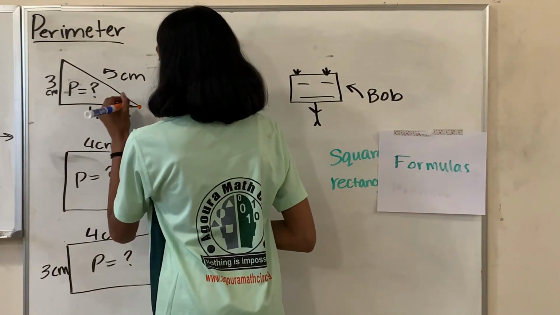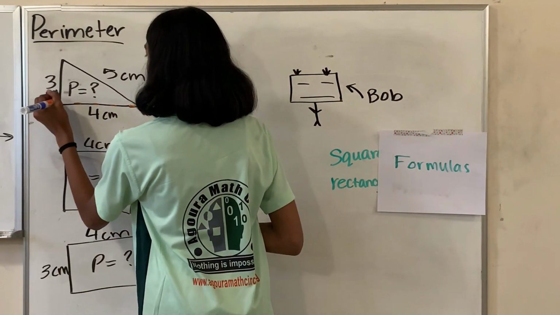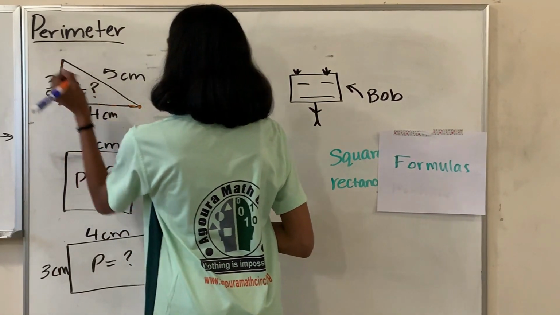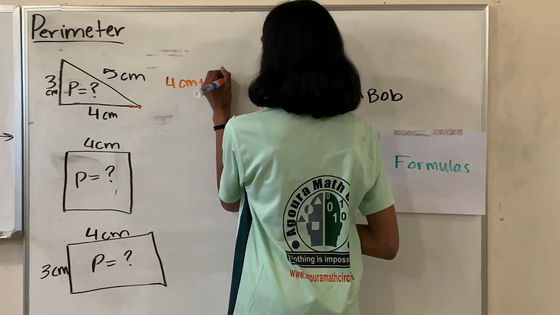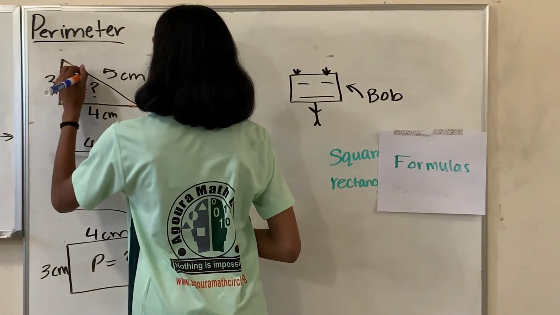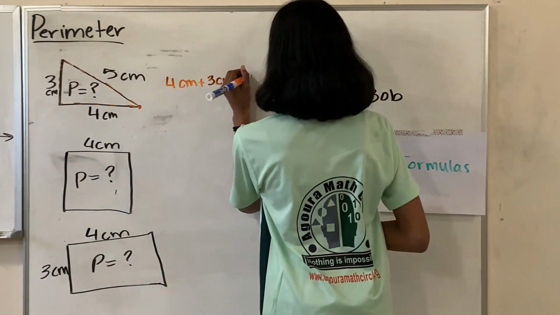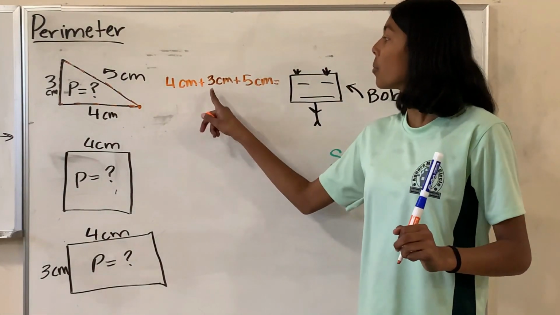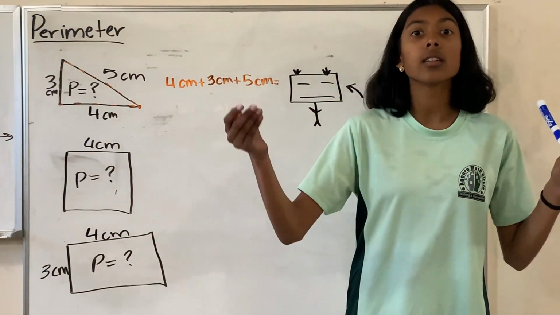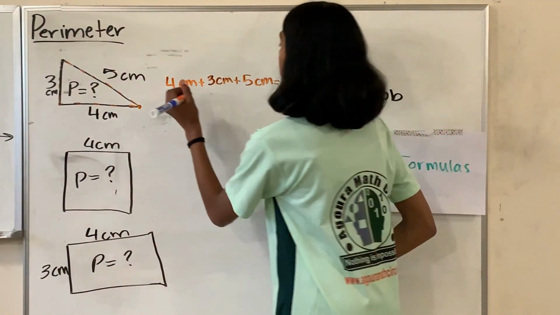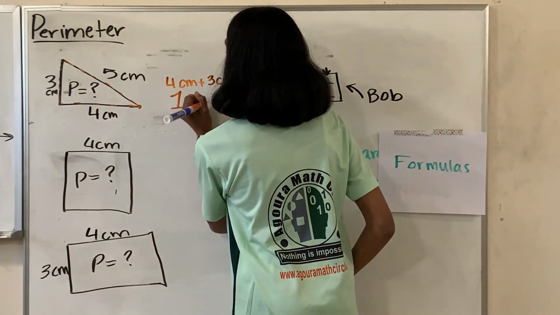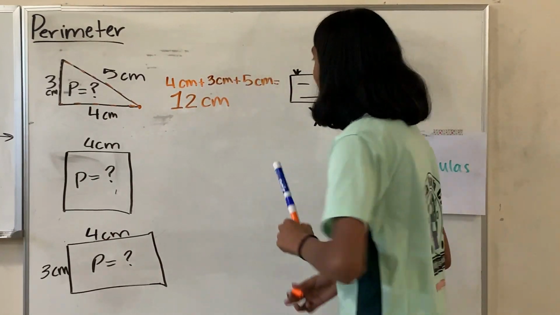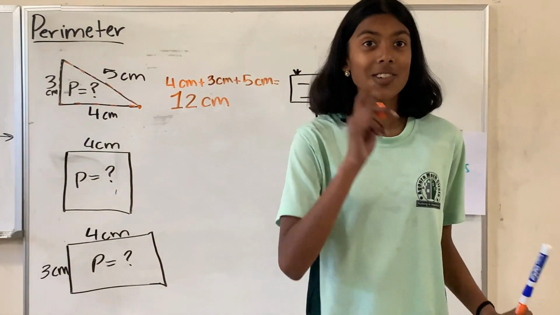Then he decides to walk up, which is 3 centimeters. And then he walks back down again, which is 5 centimeters. So now let's add this up. 4 plus 3 is 7. 7 plus 5 is 12. Therefore, our perimeter is 12 centimeters. Thank you, Bob.